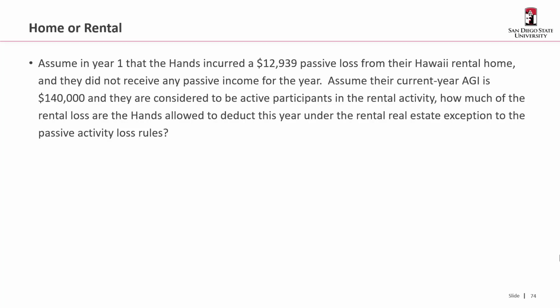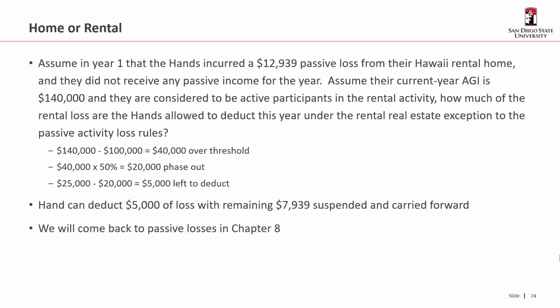So let's assume then that the AGI of the Hands is $140,000. Well, it's more than $100,000. However, there's a phase out associated with this exception. So the exception permits you to take up to a $25,000 loss deduction if your AGI is below $100,000. However, in this case, the AGI is above $100,000.